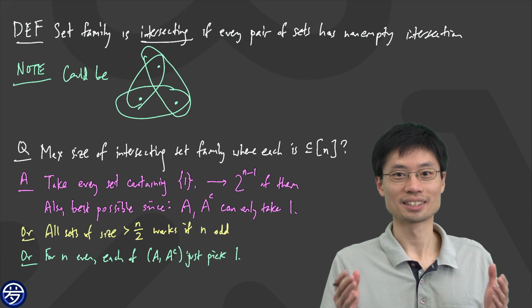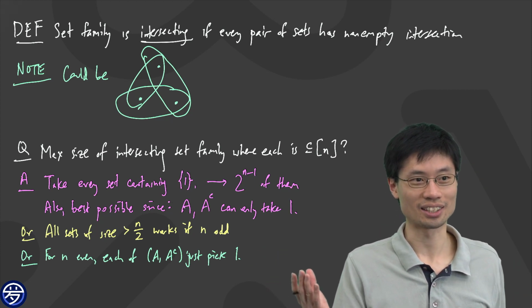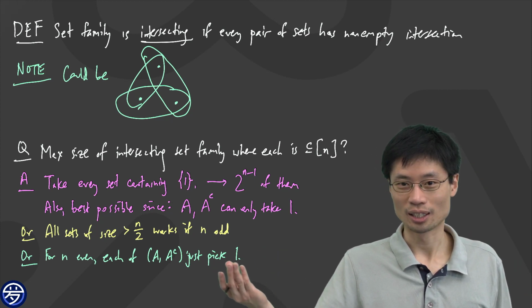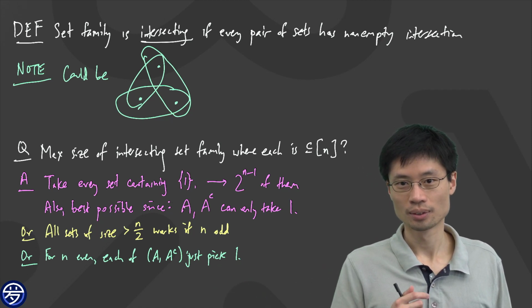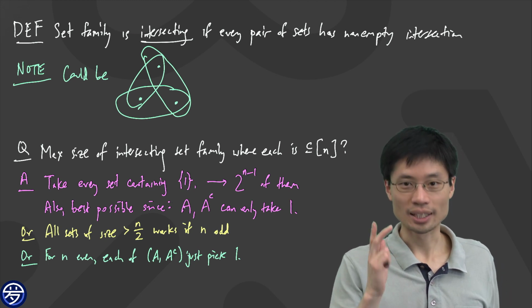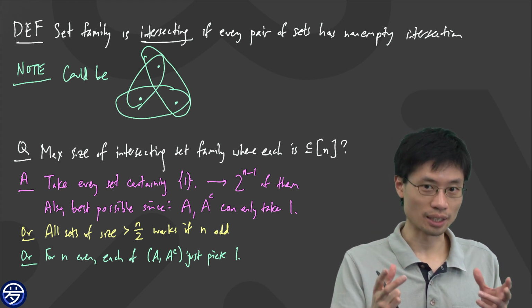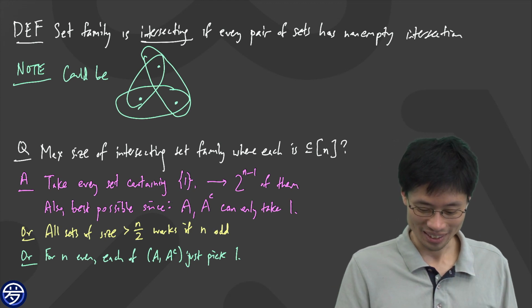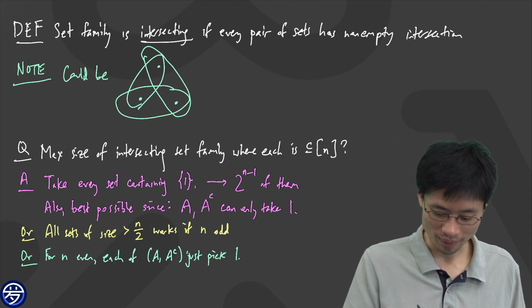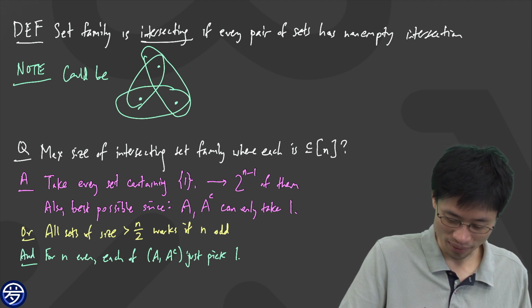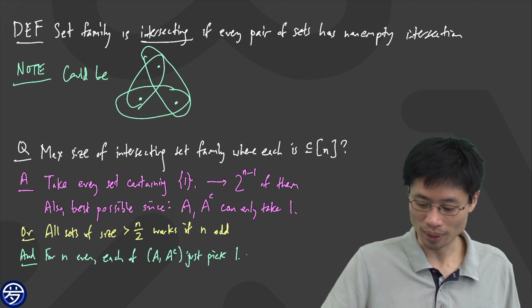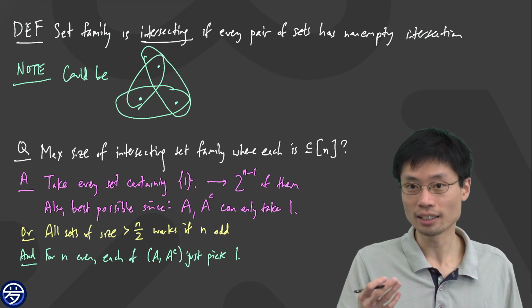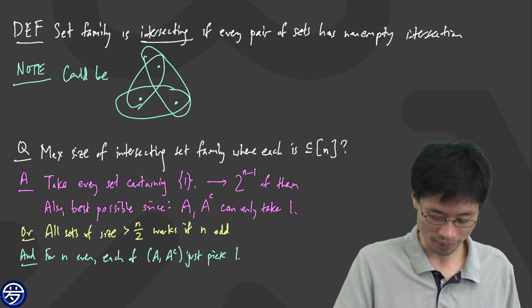So now that's a mess. Now there's like all of these different possibilities that I could take, right? Thank you. Right. So you always will take the larger one. Thank you. Okay, I see. So let me not say or. This or is actually an and. And for n which is even, from each pair A and A complement just pick one when the size of A equals n over 2. That's the right way to write this.